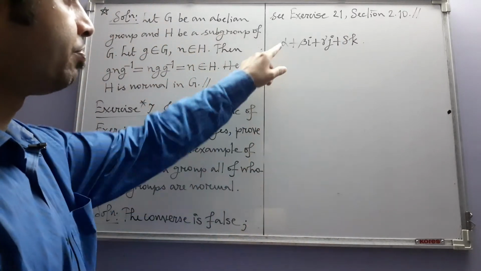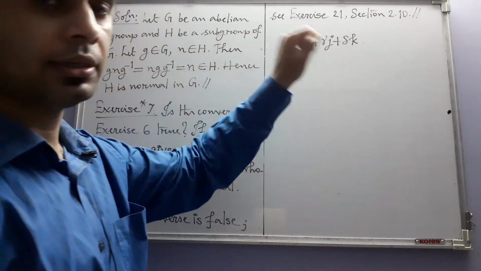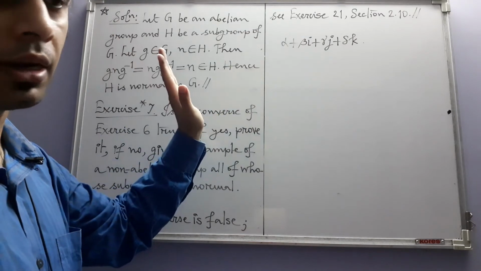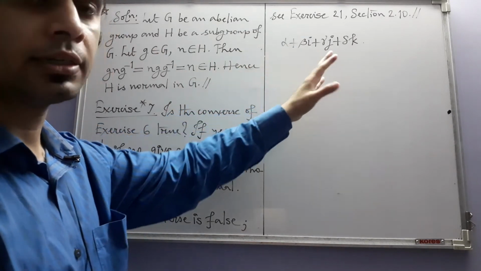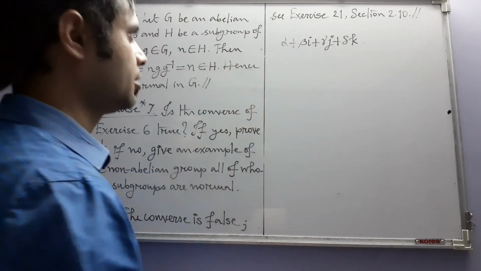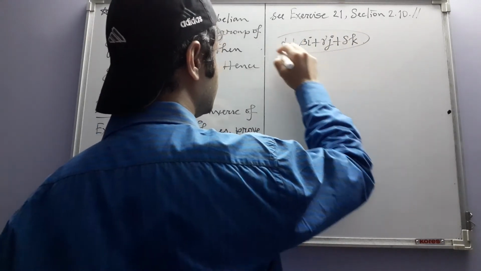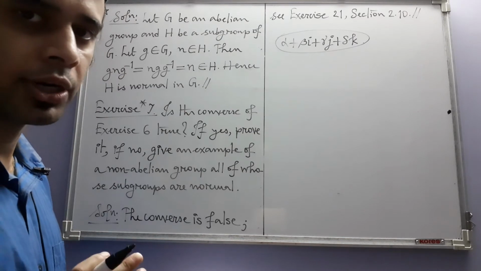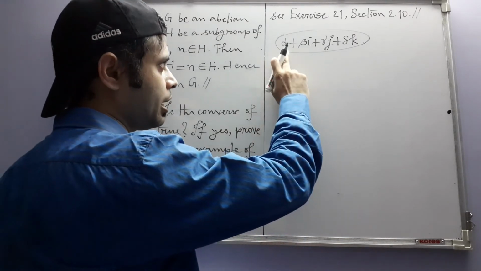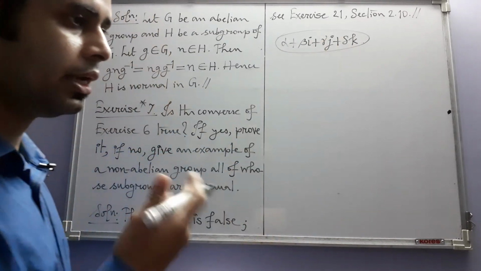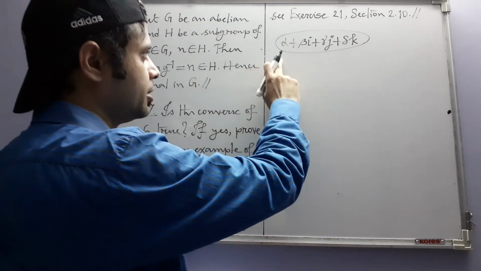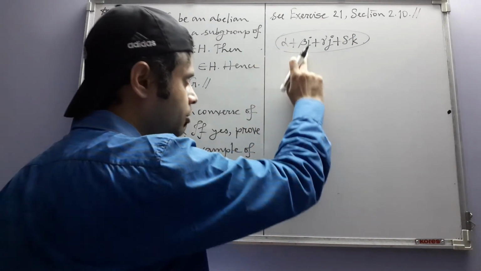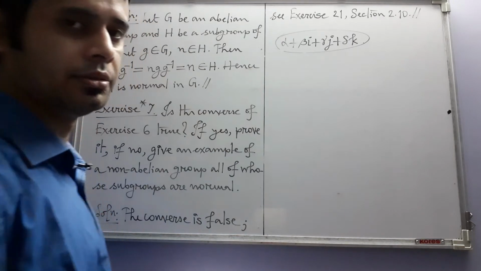where alpha, beta, gamma and delta are real numbers, and this i, j and k are some symbols. So real quaternions are formal symbols which look like this. They are added component-wise, in the sense that if you add this quaternion with any other quaternion, then the corresponding parts will get added.